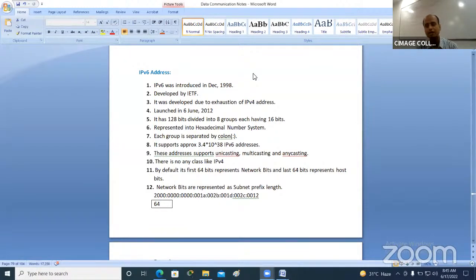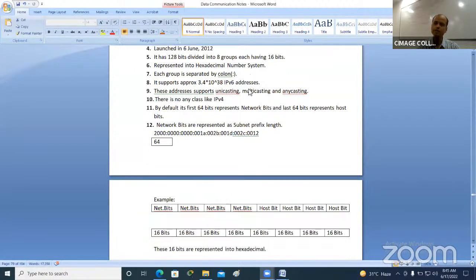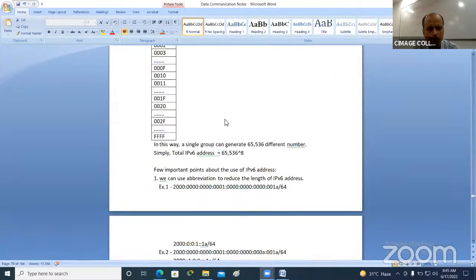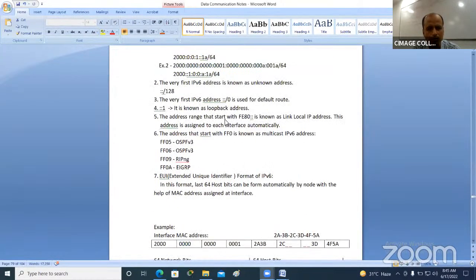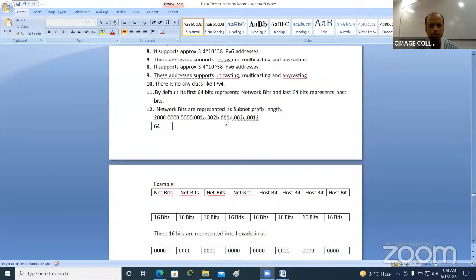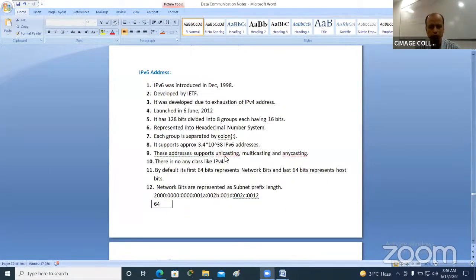There is no any class. In IPv4, there are 5 classes, but in IPv6, there is no any class.